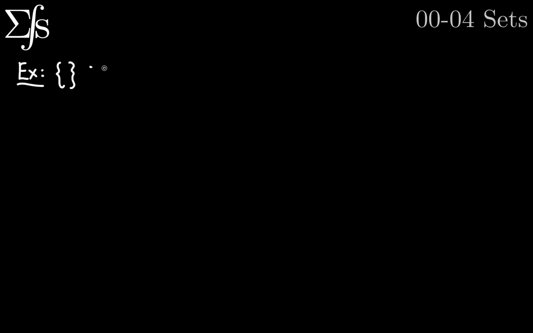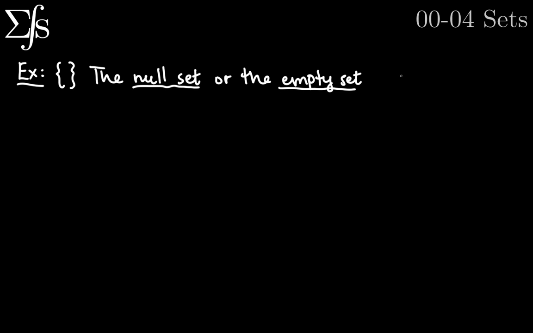This is called the null set, or the empty set. And we denote that by the symbol 0, or a circle. It's actually more of a circle with a diagonal slash that way. That's how we write the null set.